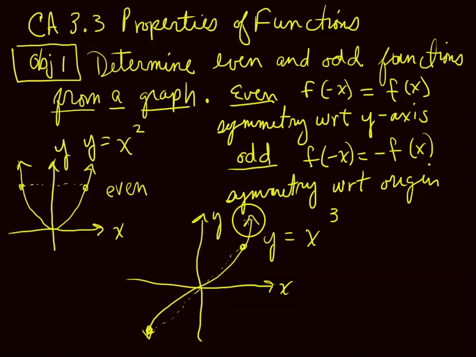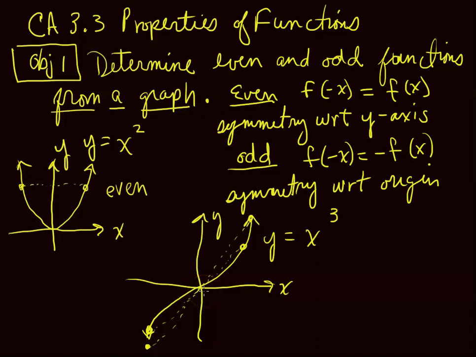So you get sort of this pinwheel idea. So it would be a point right here. And that would be an odd function. And what's nice about that is the exponent x cubed reminds you that that's odd. Not because of the 3 it's odd, it's because it has this symmetry with respect to the origin.